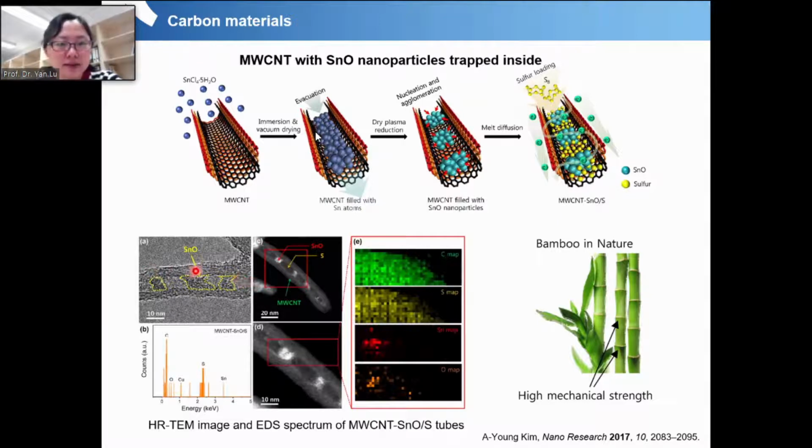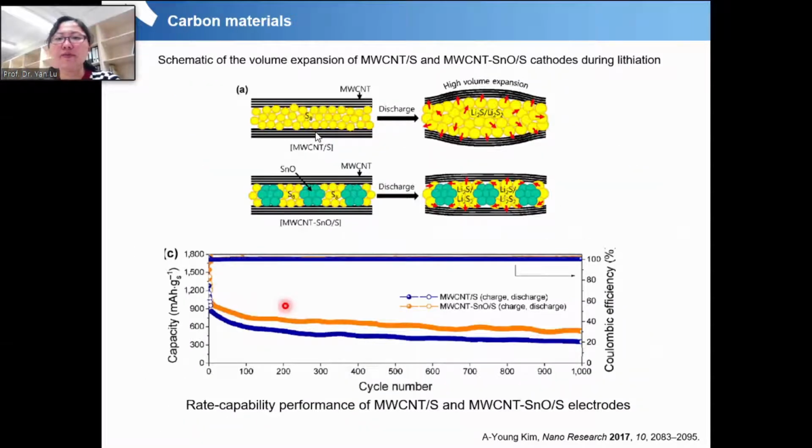So you see, this is multiple carbon nanotubes, and then in the middle you have this tin oxide nanoparticle. And of course, from the elemental mapping, you can also clearly define where is the sulfur, where's the tin oxide, and where's the carbon. So they can really synthesize such a structure as they designed.